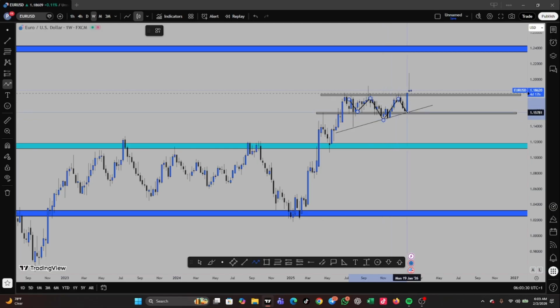So we have this inverse head and shoulder, just like what we have on GBP USD, and now the market has really pushed to the upside, and we are expecting that retracement to come back to the neckline of that trend. So that is what I will be positioning for trade on Euro USD.